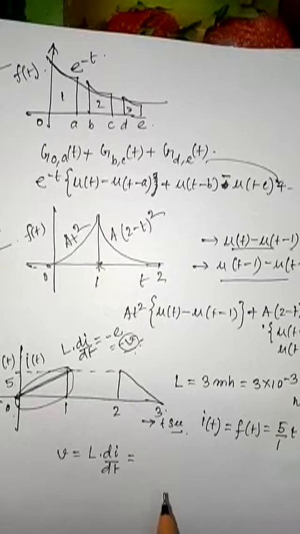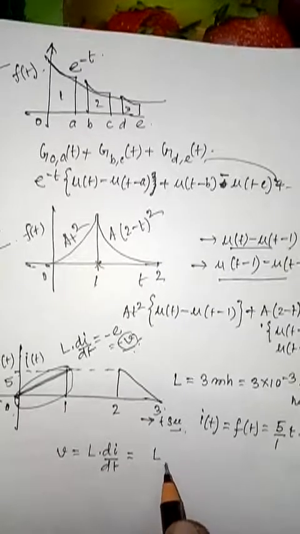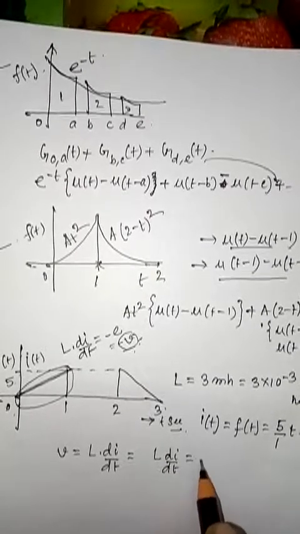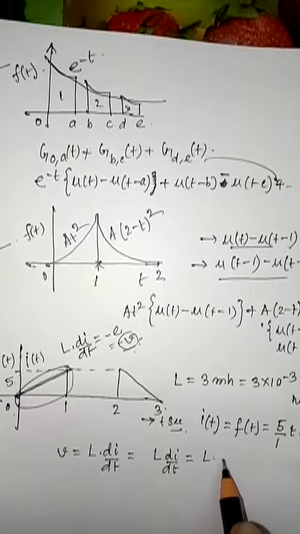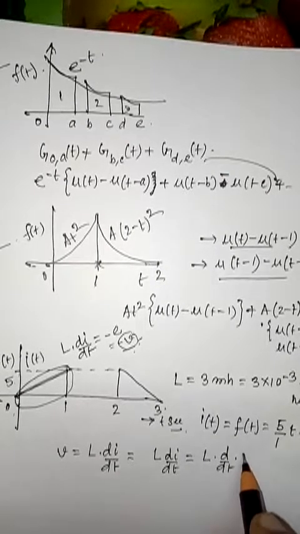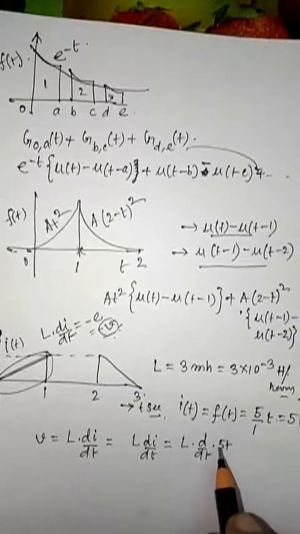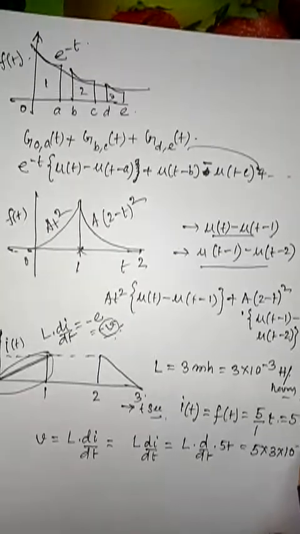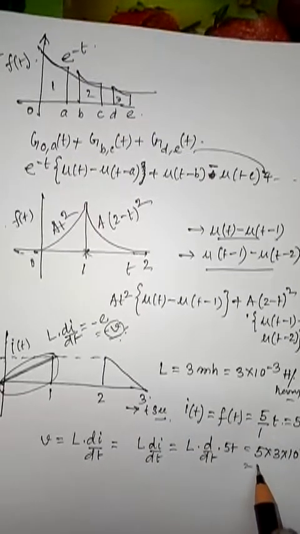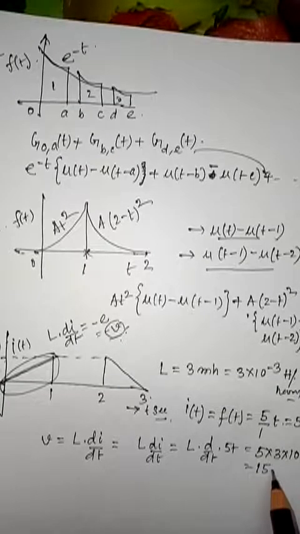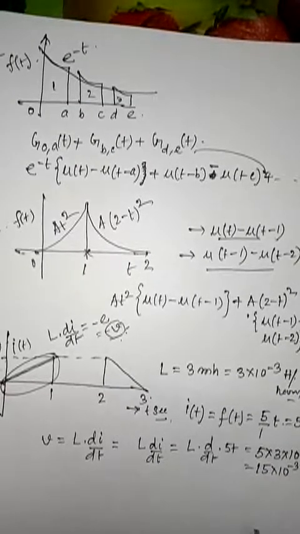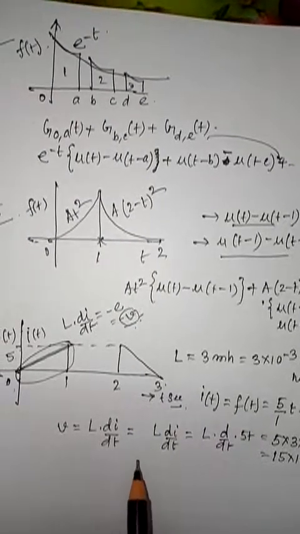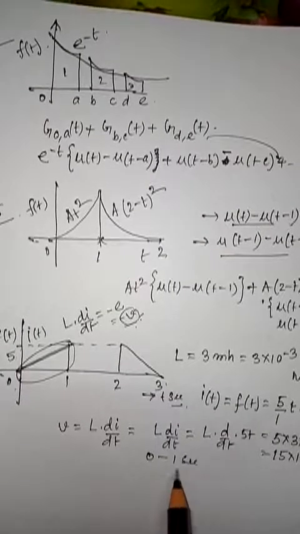So I can write L di/dt equals L d/dt of 5t, that is 5 into 3 into 10 to the power minus 3, equals 15 millivolt. So it is in the millivolt range, right? That is for the 0 to 1 second span.